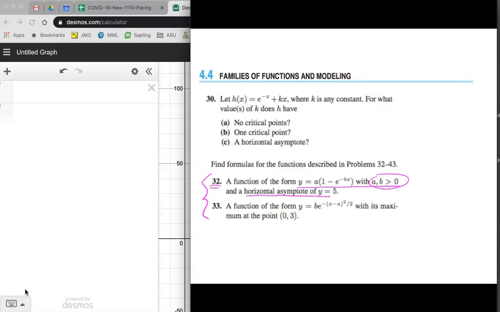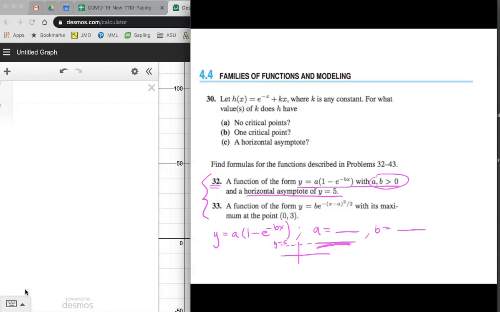And we want to find values of a and b so that the function y has a horizontal asymptote at y is equal to 5. So we're looking for a function of the form a times 1 minus e to the negative bx, and we want to figure out what a and b are so that this function will eventually approach the value y is equal to 5.